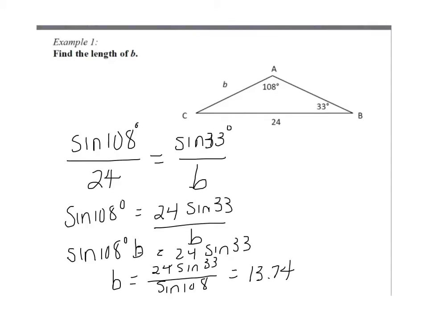But what I wanted to tell you was, you would take 24 times the sine of 33 and divide by the sine of 108. And we're going to do that every time. You do not have to write this out all the time, but if you don't understand this problem or you haven't done it before, you will want to write it all the way out. So the length of B is 13.74, not degrees, because we found the length of a side.